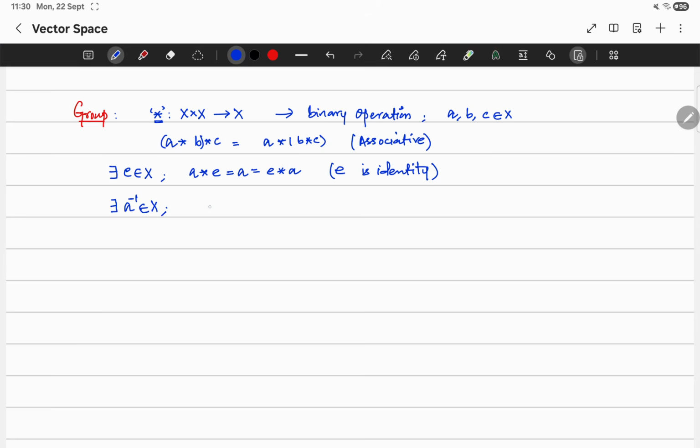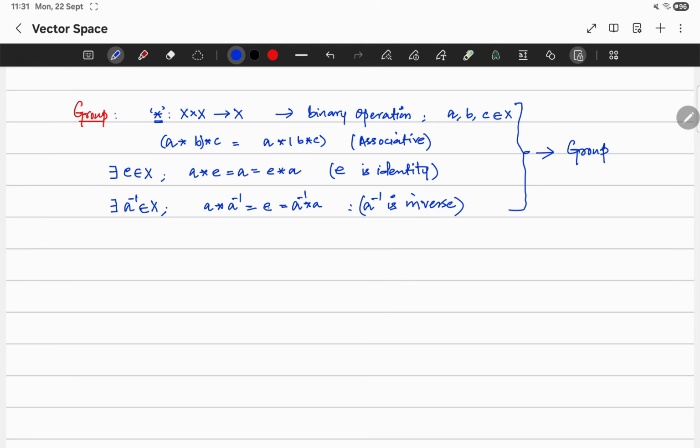We call it an inverse. If a operates with that element, it will give you the identity e, that is a inverse star a equals e. This symbol a raised to the power -1 is called the inverse and it should be in the set itself.